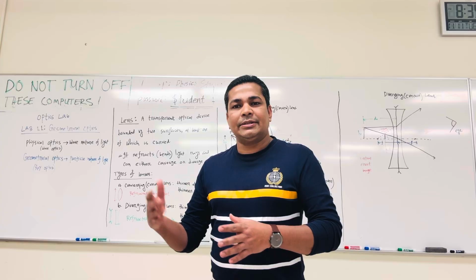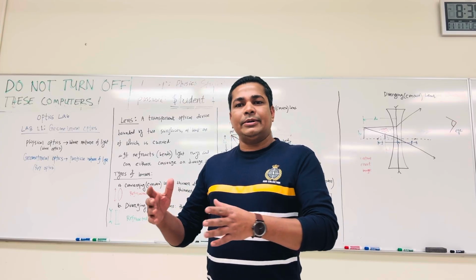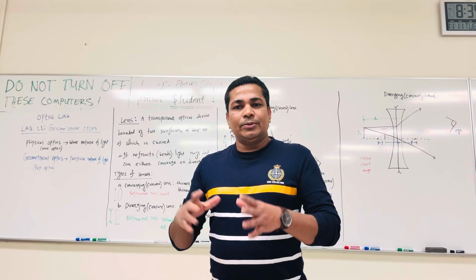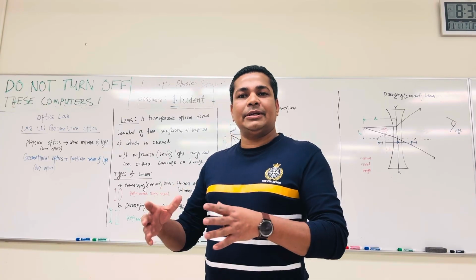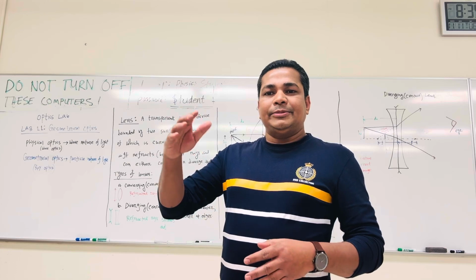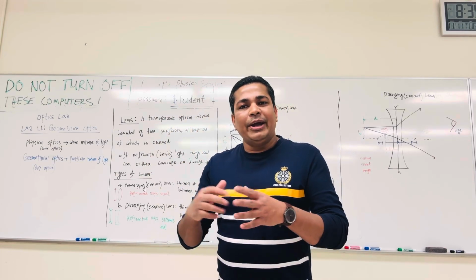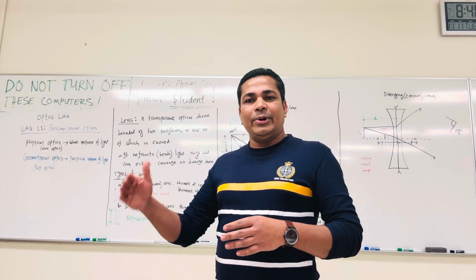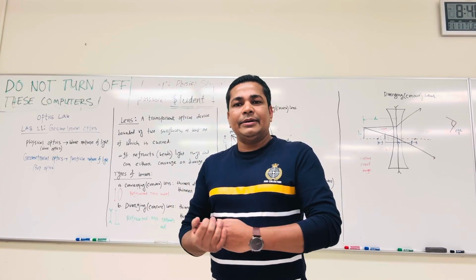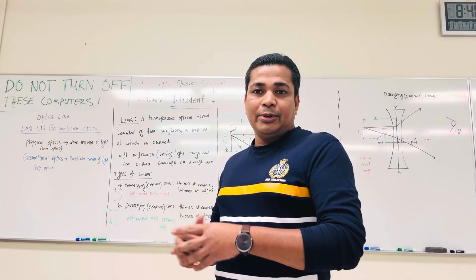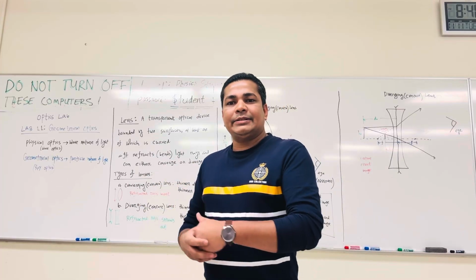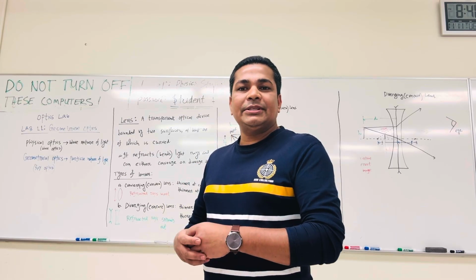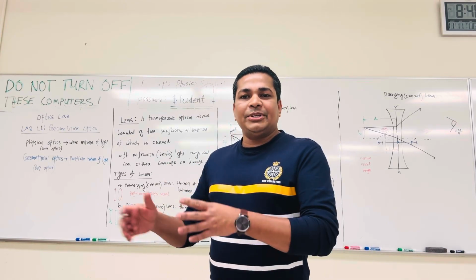So it discusses the phenomena of reflection and refraction. We explain this reflection and refraction using the ray diagram, right? We draw the light rays and then we explain these phenomena through lenses and mirrors. That's why geometrical optics is also called ray optics.